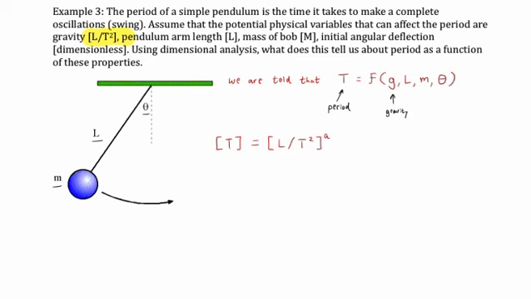Okay, and then this is going to be multiplied by the length to some power b. And then we have the mass, uppercase M, because the variable was lowercase m, but the dimension is uppercase. That will be c. And since theta doesn't have any dimensions, it will not be included in the dimensional analysis.